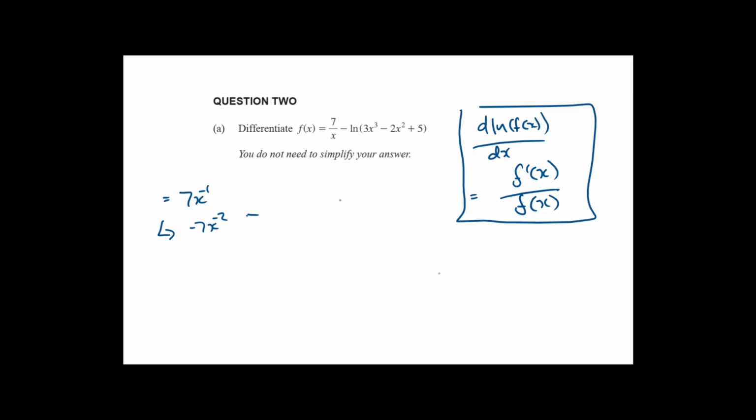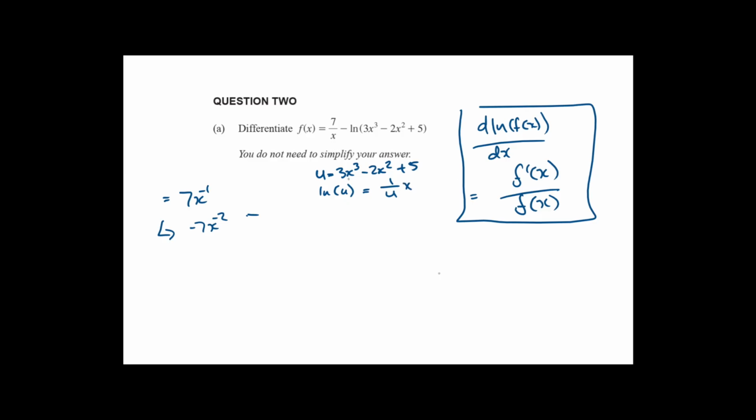So this one here, now we're going to subtract this. Now I'm going to let u be equal to this thing in the bracket here. Right, so now it is natural log of u. When we differentiate that, the answer is 1 over u, as per the formula.